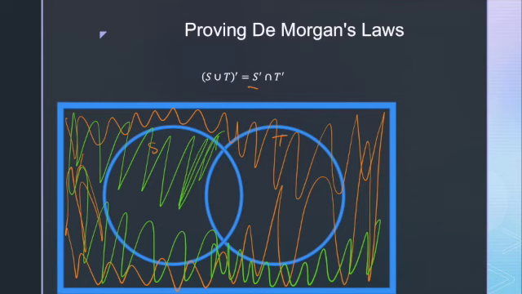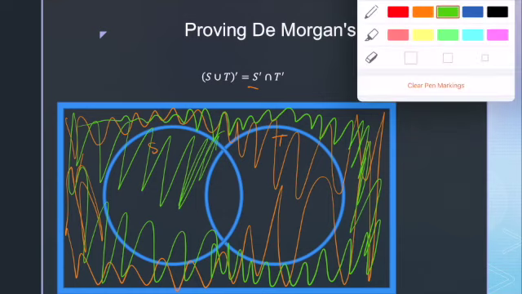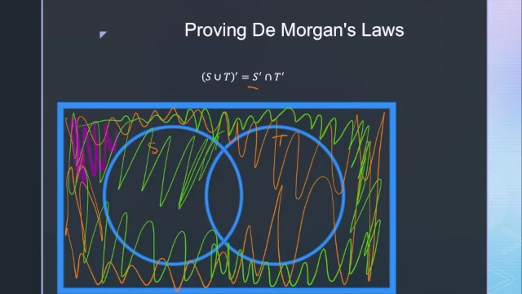So the question is, where is there both green and orange? Well, there's only both green and orange where I'm going to highlight in pink, which is all of this beautiful space right here, which, as you can see, was the same as what we had highlighted in red before for the complement of S union T. So that's De Morgan's law and why it works.